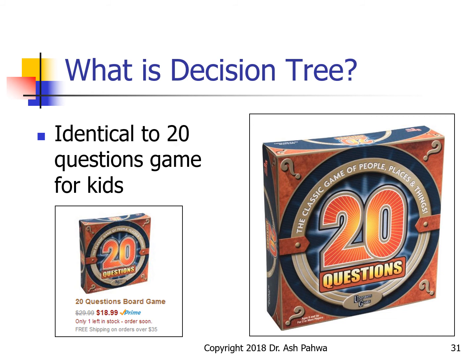You ask 20 questions, and based on the answers to those 20 questions, you have to guess what that particular object is. This is just a kid's game, but the basic philosophy or strategy to build decision trees is identical to the strategy used in 20 questions.